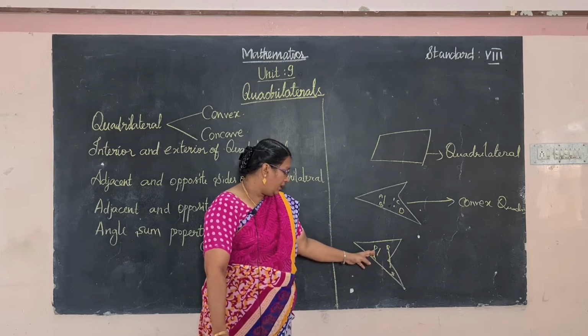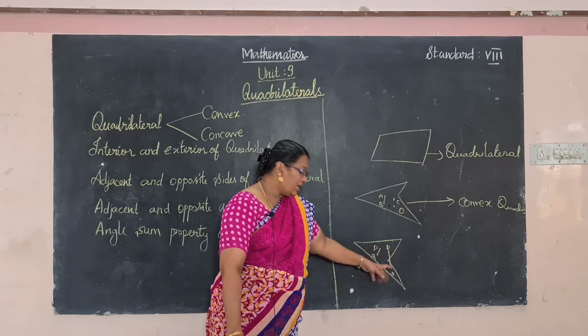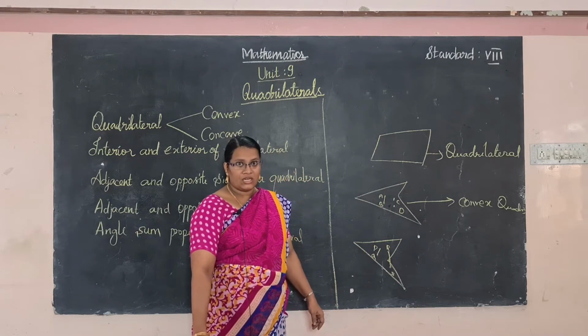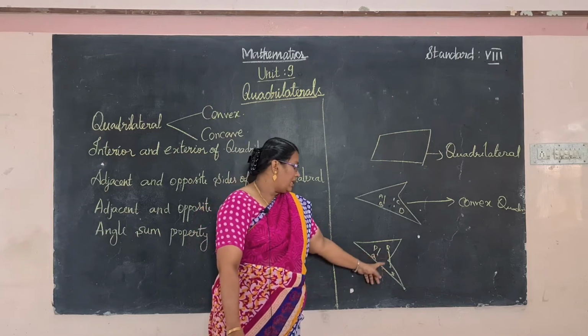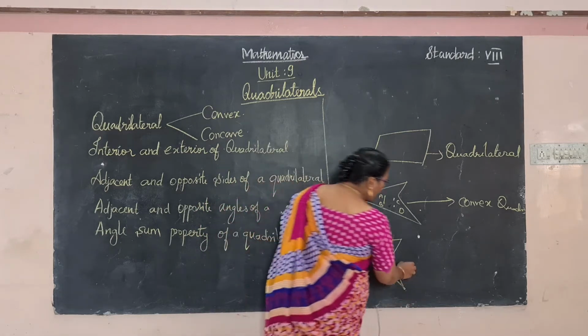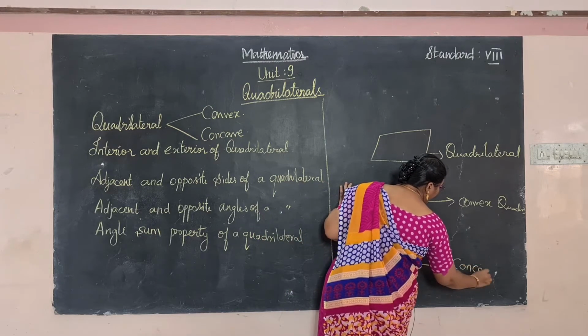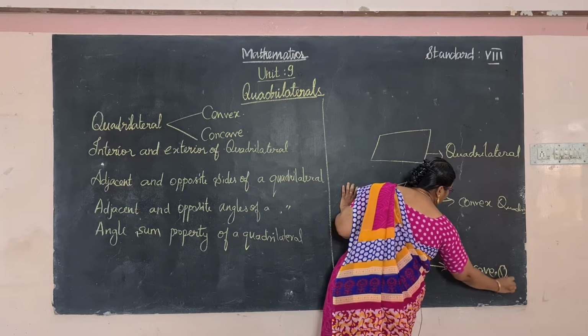Here P and Q are inside of the quadrilateral, but RS is not inside of the quadrilateral. Is it? So that kind of quadrilateral is called concave quadrilateral.